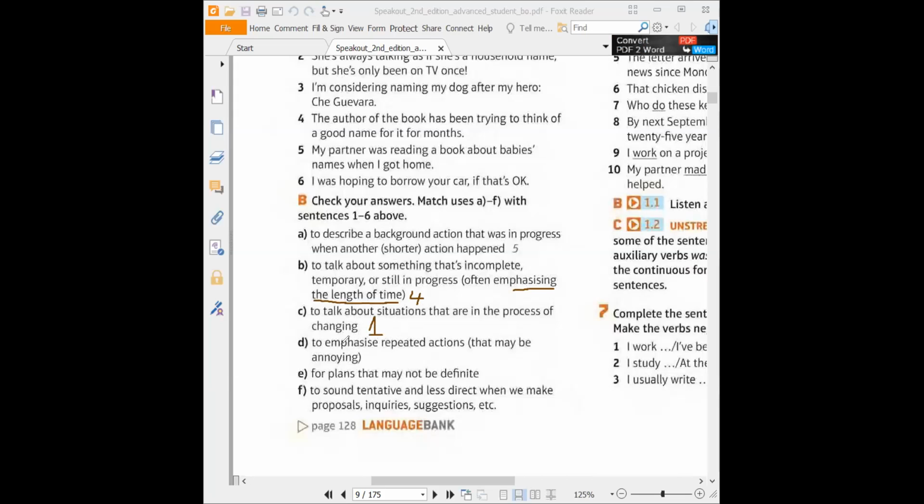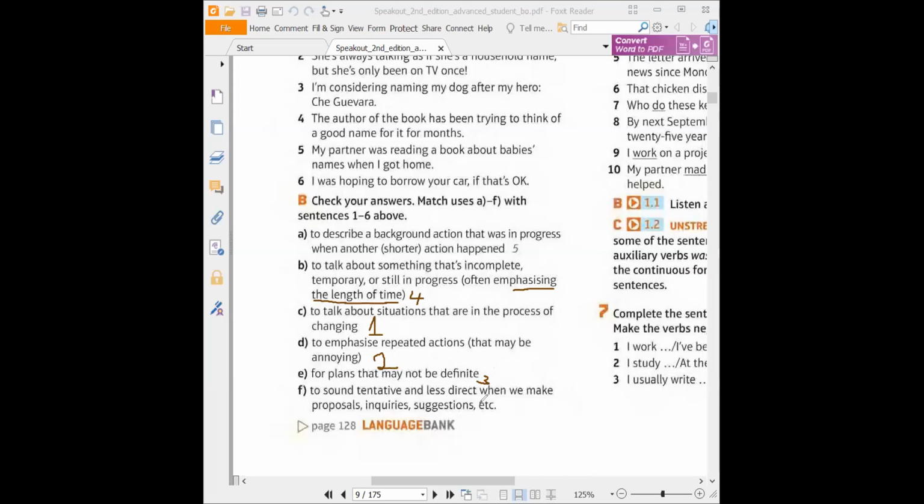Okay. Now, Tasneem, you can do D for us. I will do the rest of them. Okay. To emphasize repeated action that may be annoying. It's number 2. She's always talking as if she has a household name, but she's only been on TV once. That's correct too. For plans that may not be definite, and this is with 3.